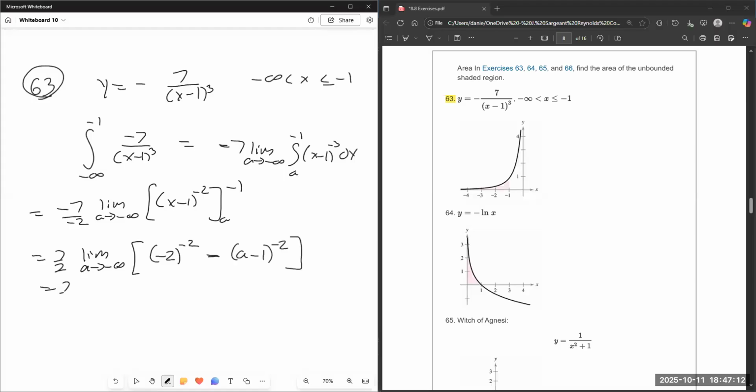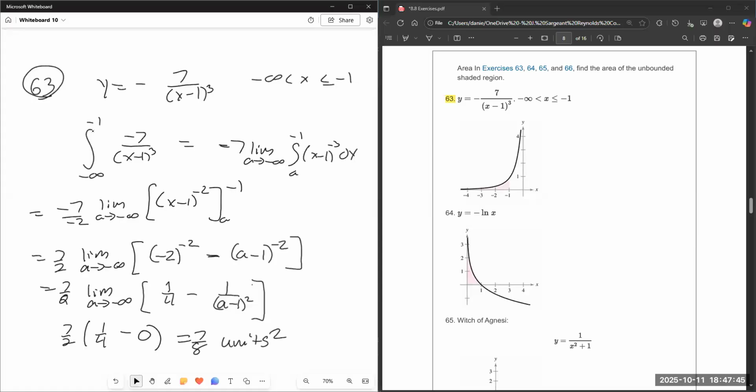This is going to be 7 halves, limit a goes to negative infinity of 1/4 minus 1 over a minus 1 squared, which is 7 halves of 1/4 minus 0. And that's going to be 7/8. And this will be units squared.